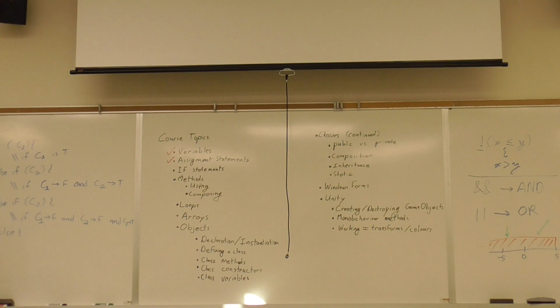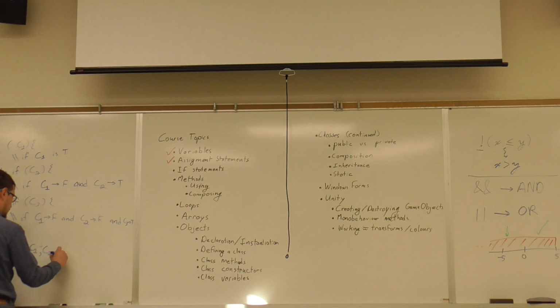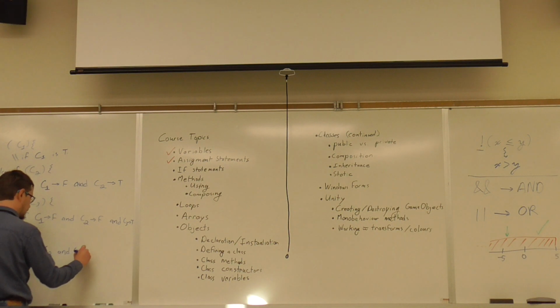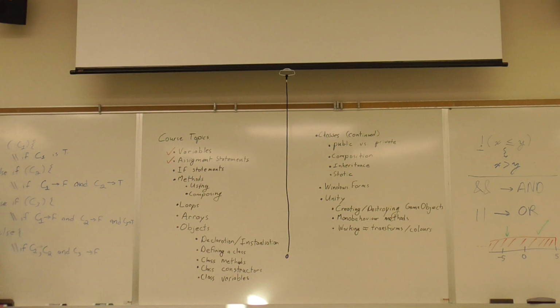Make sense? And then finally, the else case catches it if none of the other branches were executed, then the else case is executed. If C1, C2, and C3 are all false.